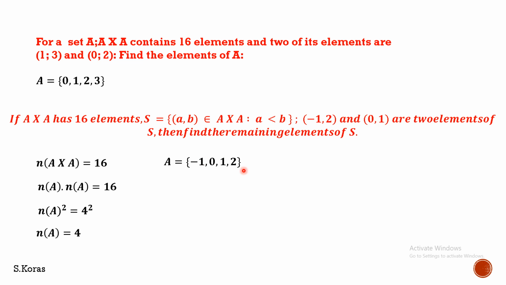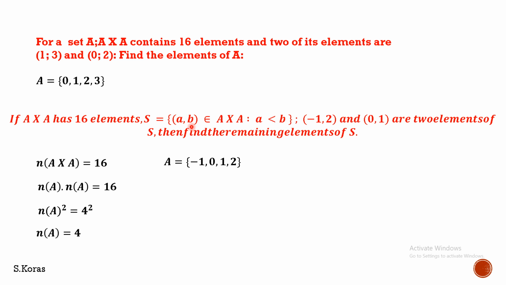Right. Now let us come to this clue. It is given S is equal to the set of elements a comma b that belongs to A cross A. Moreover, the next clue says this a is less than b. That is, the first element is lesser than the second element.